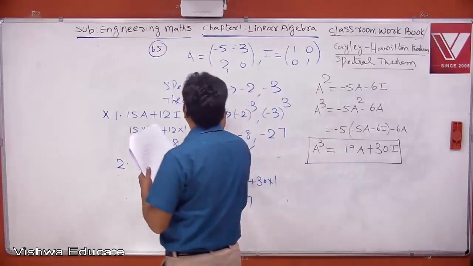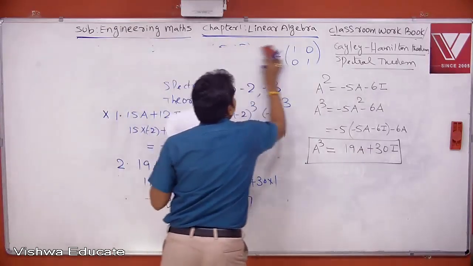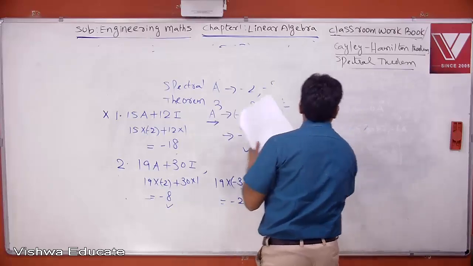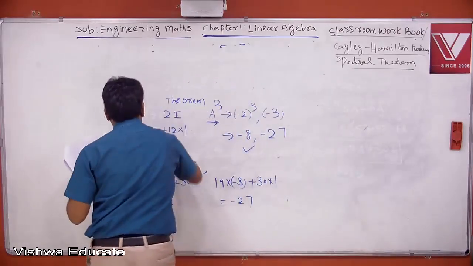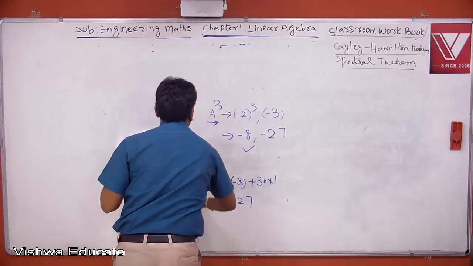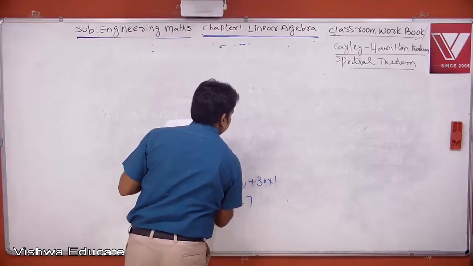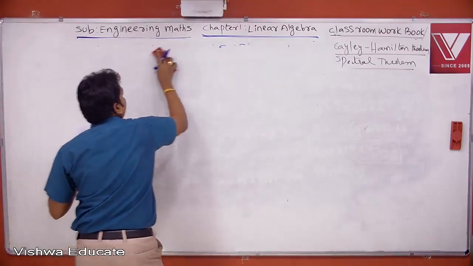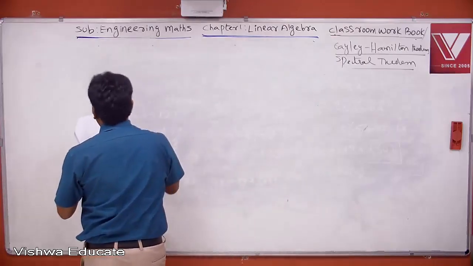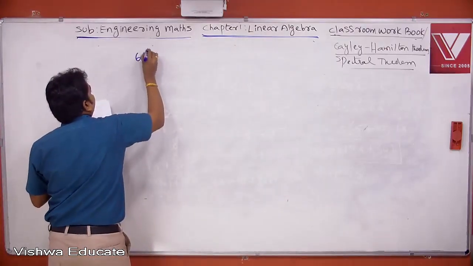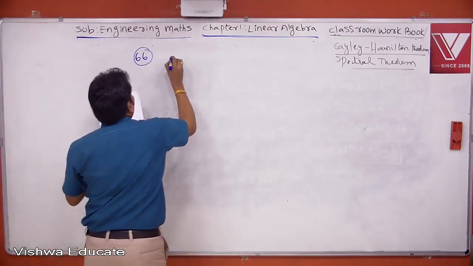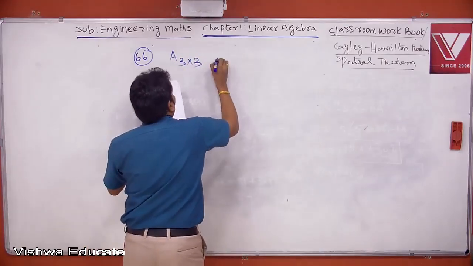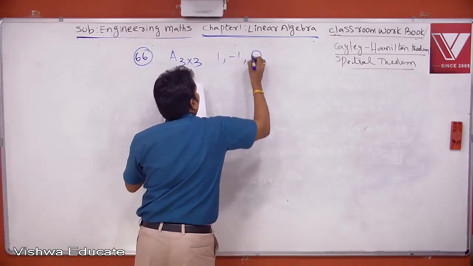Now let us move to question number 66. It is given that A is a 3 by 3 matrix with eigenvalues 1, -1, 0.